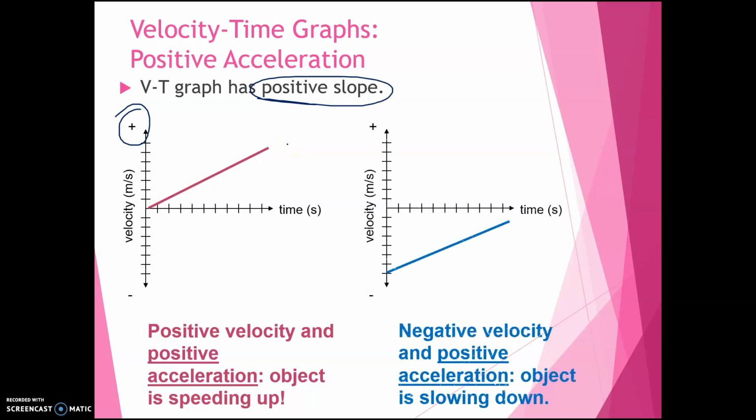Some sort of pattern. All right, on the other hand, where we have this graph of motion, we start in the negative velocity. So we're starting in the negative velocity, but we still have that positive acceleration because it's a positive slope here. So the object is slowing down. So again, it could be 10 meters per second, 8, 6, 4, 2.